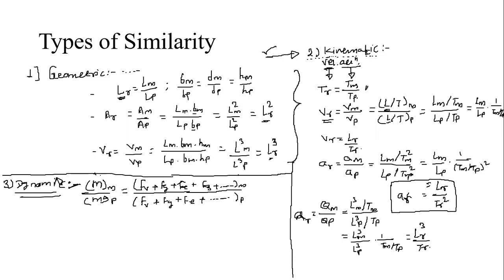And if all three similarities exist, that is geometric, kinematic, and dynamic between the model and prototype, then it is considered as a similitude. That is, similitude means what? If there exists geometric similarity, kinematic similarity and dynamic similarity between the model and prototype, then in that case it is considered as a similitude.